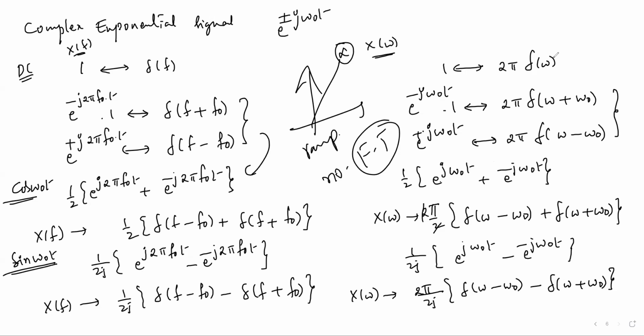I'm clearing this screen. Right. Starting with a simple example. Find the Fourier transform of the following signal. This is given like this.